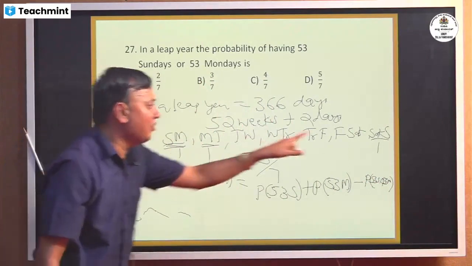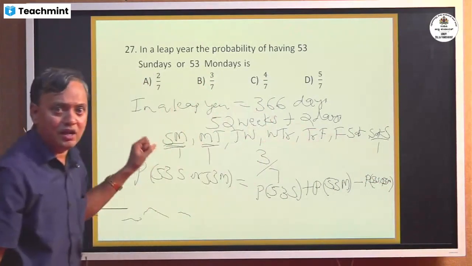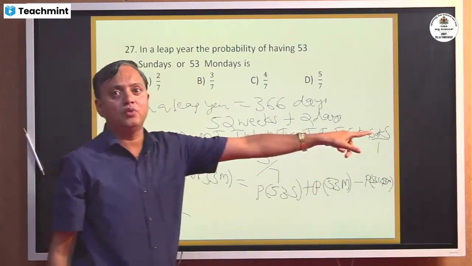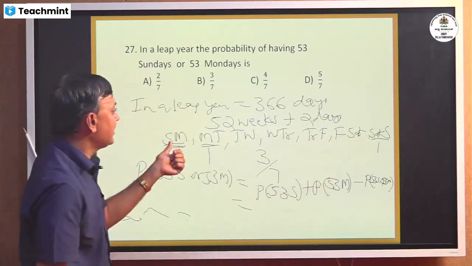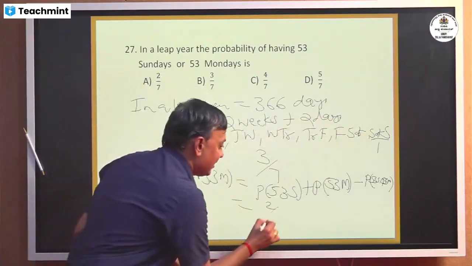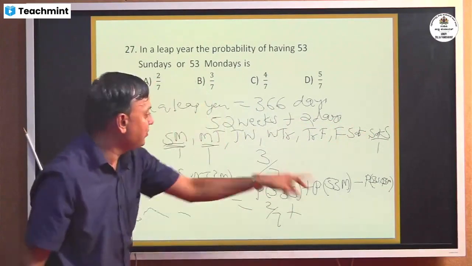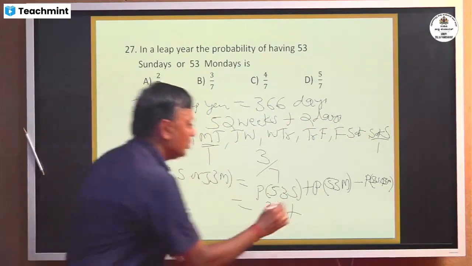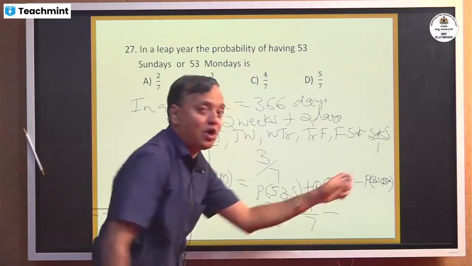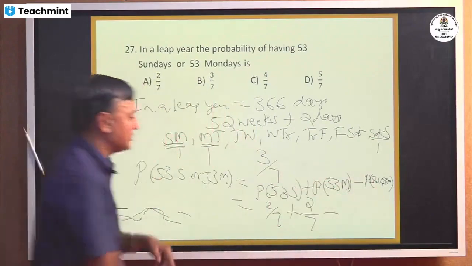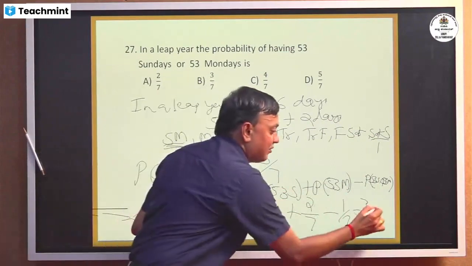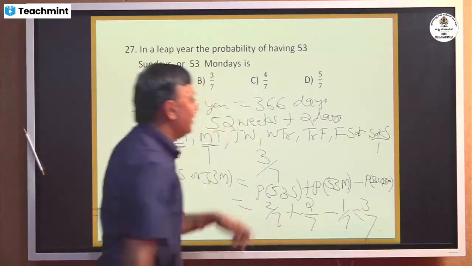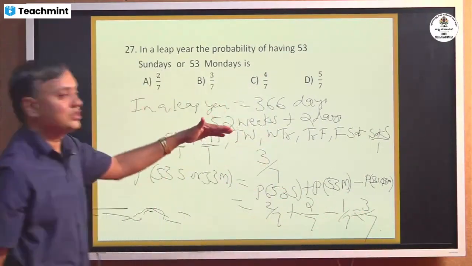Here there are 7 outcomes, and the chances of Sunday or Monday are in 3 outcomes. So now tell me, what is the probability of 53 Sundays? Sunday here is 2/7, total 7 outcomes. 53 Mondays, in these two outcomes, 2/7. The common one is Sunday Monday, 1 outcome. So the answer is 4 minus 1, that is nothing but 3/7. Instead of this, the first method is better, correct?